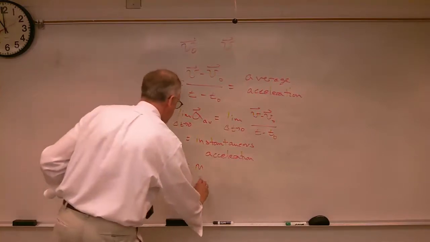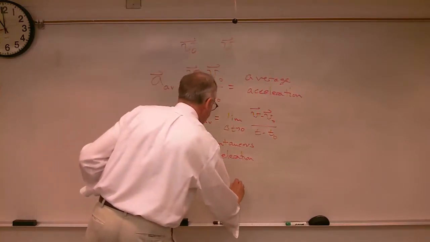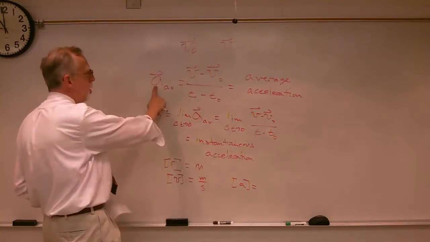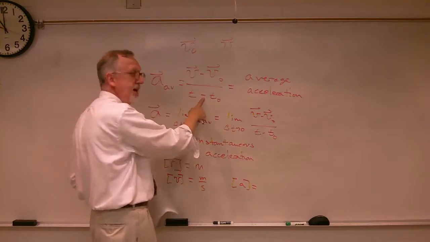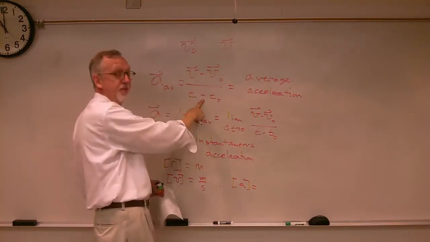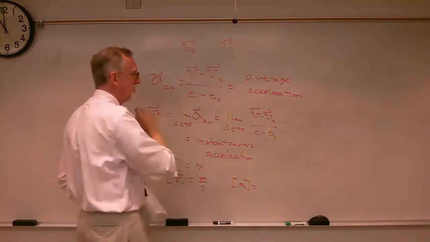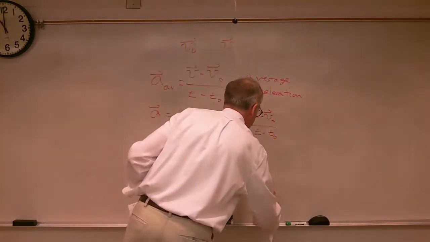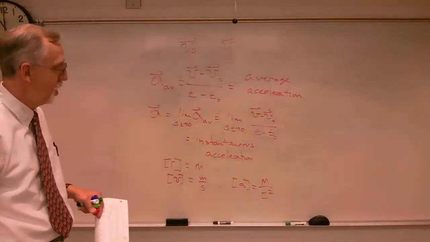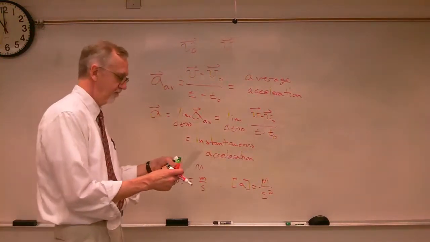Units of velocity are meters per second. What are the units of acceleration? Well, the units of acceleration will be the units of velocity divided by the units of time. Units of velocity are meters per second. Units of time are seconds. Meters per second divided by seconds. Those will be meters per second squared. So the SI unit for acceleration will be meters per second squared.